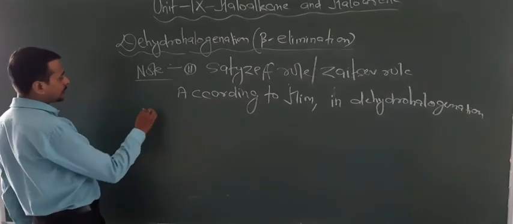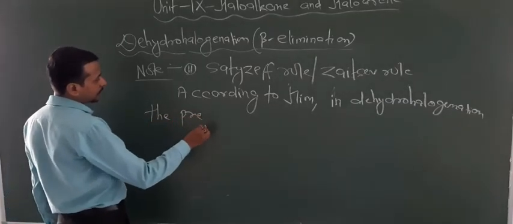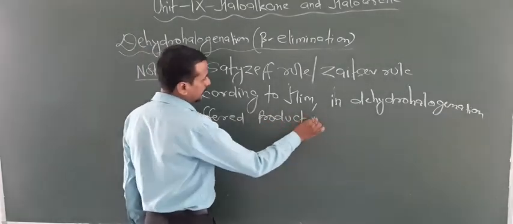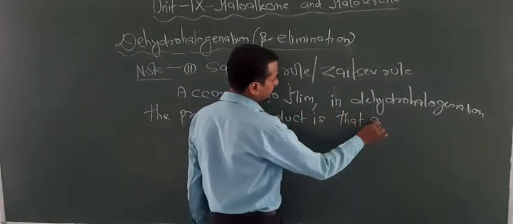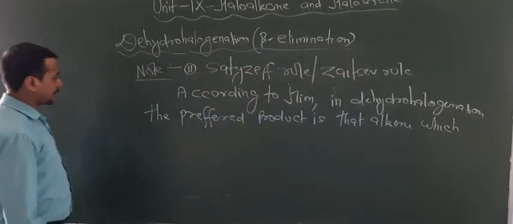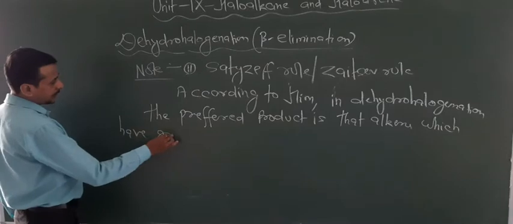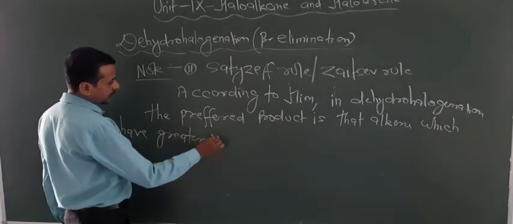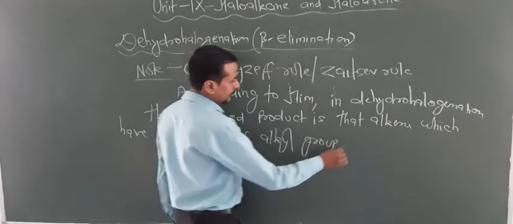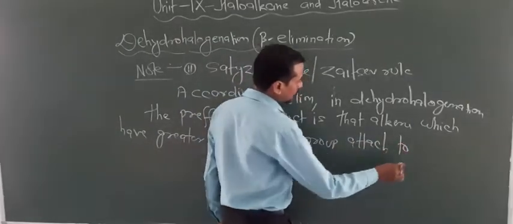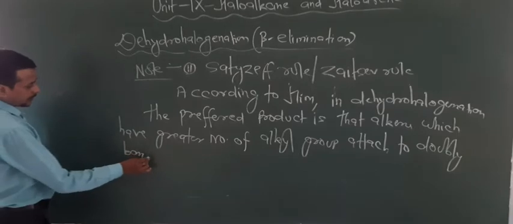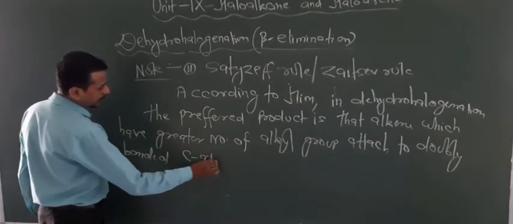So in case of dehydrohalogenation, the preferred product is that alkene which has greater number of alkyl groups attached to the doubly bonded carbon atom.